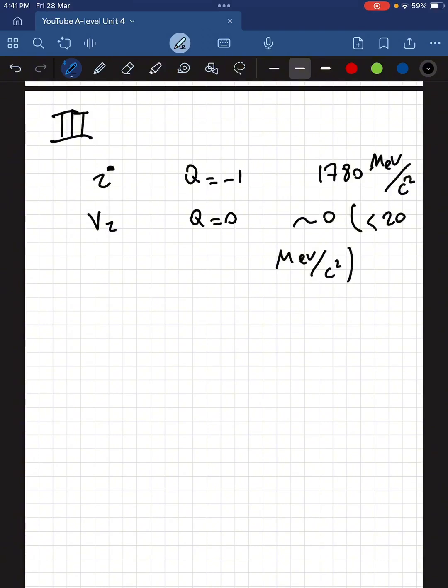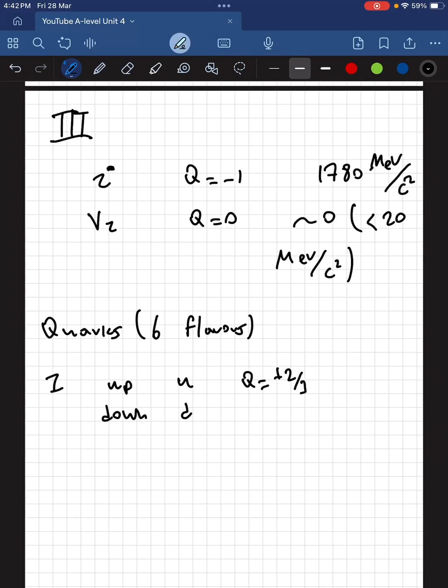All right, now let's talk about the 3 generations of quarks. So quarks. There are 6 flavors, as they are called, of quarks. So the first generation is the up and down, written as U and D. Okay, the charge of the U is +2/3, whereas the charge of the down is -1/3.